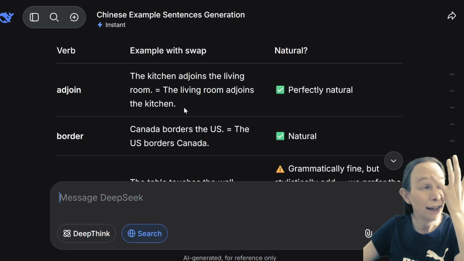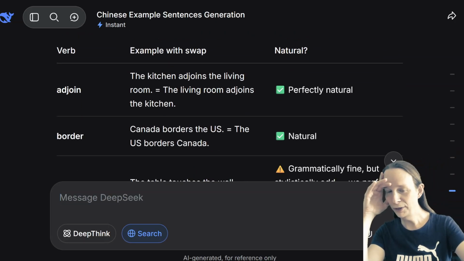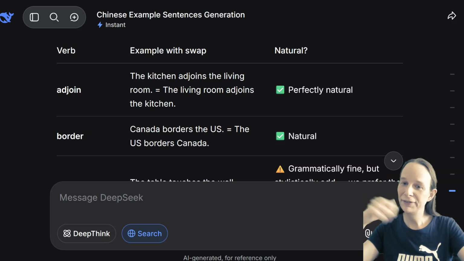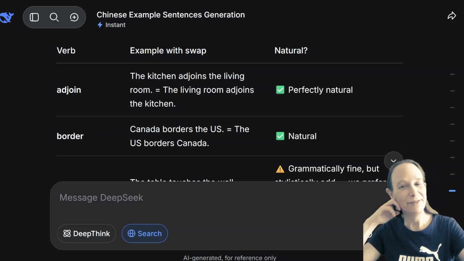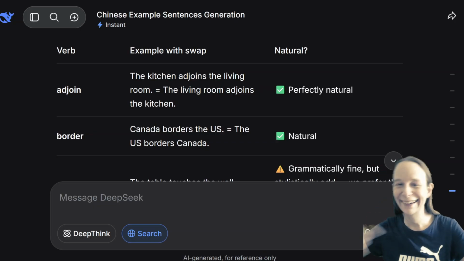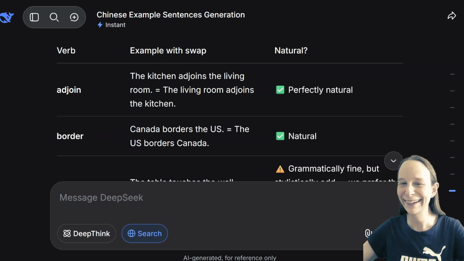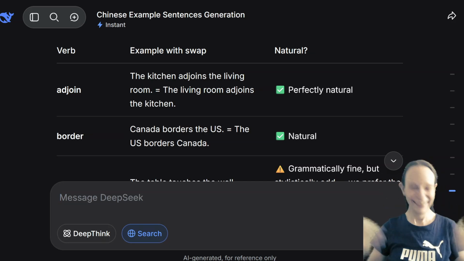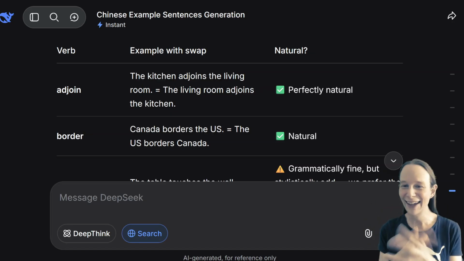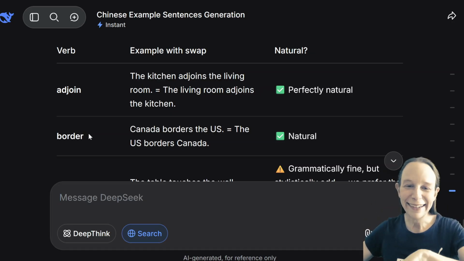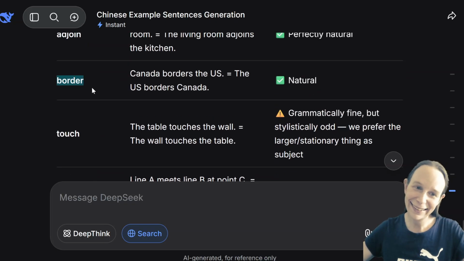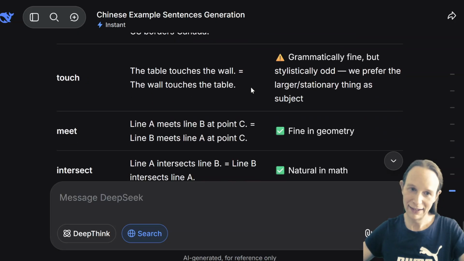Adjoin. Okay, so adjoin is a kind of commutative verb. Yeah, it's like A plus B equals B plus A. It's like plus. Like literally plus and times. Yeah, they're verbs. So, all right. Water. Okay. Touch.